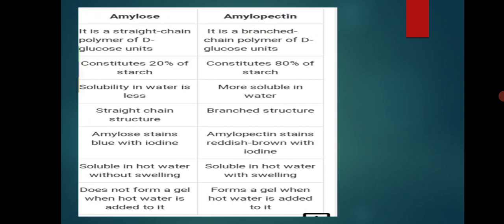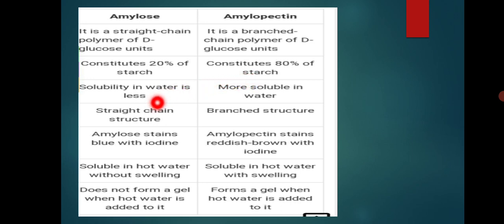If we see the difference between amylose and amylopectin, amylose is a straight chain of glucose units. Amylopectin is a branched chain of glucose units. Amylose contributes 20% of the starch. Contribution कितना है? 20%. Okay, and amylopectin का 80% contribution है.